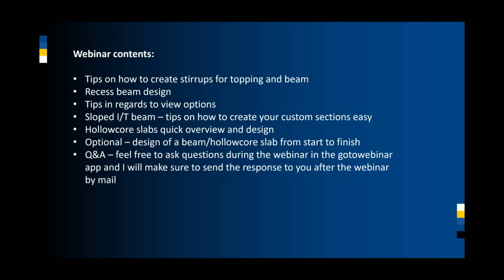So for example, if you want to go from a rectangle to an I section, or you just want to have an I section all the way, or a T section, we will go through that. Then a hollow core slab, and if we have time at the end, we can design a beam or a hollow core, depending on what most of you will want from start to finish.